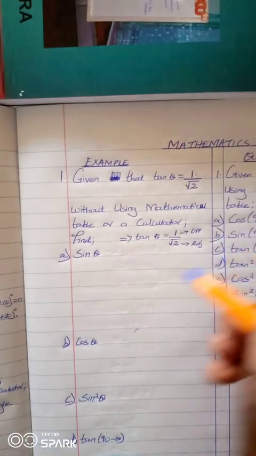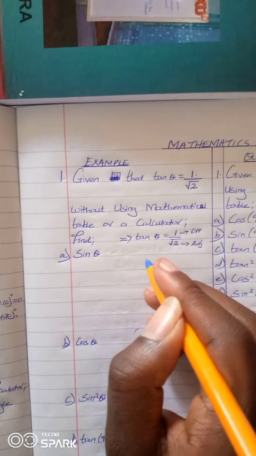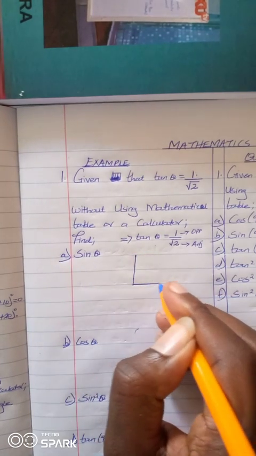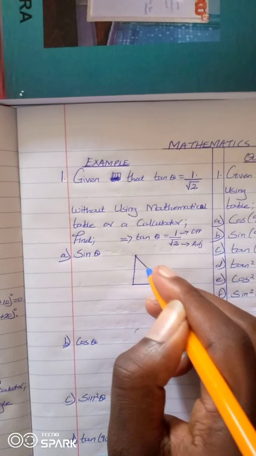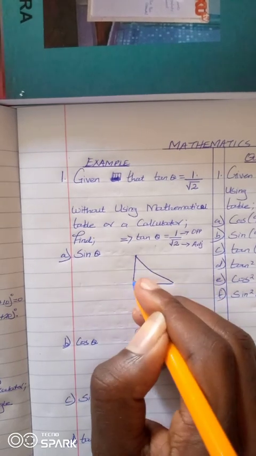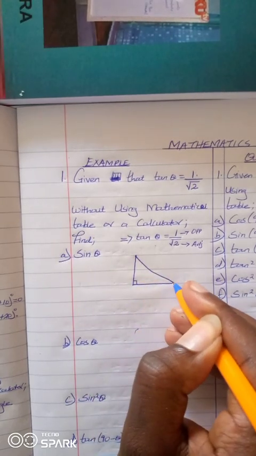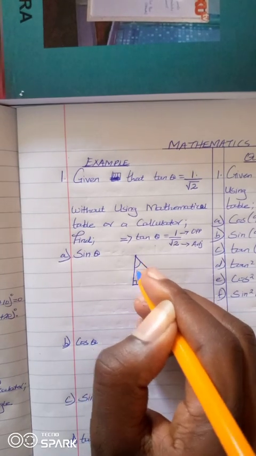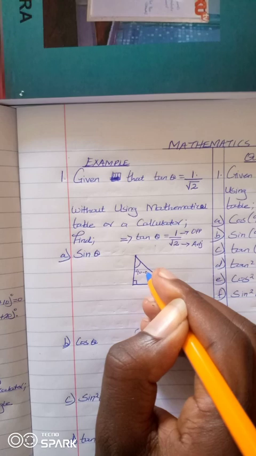So you will come up with a right-angled triangle. In this right-angled triangle, this will always be theta, and this will always be 90 minus theta.